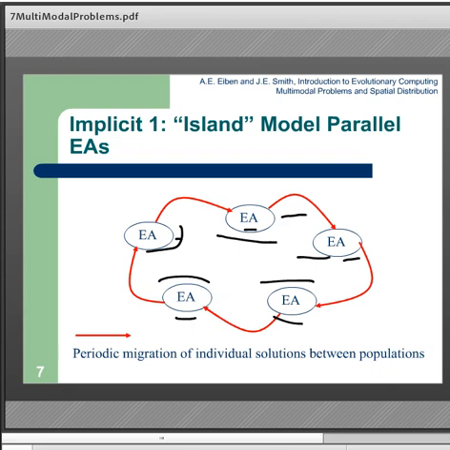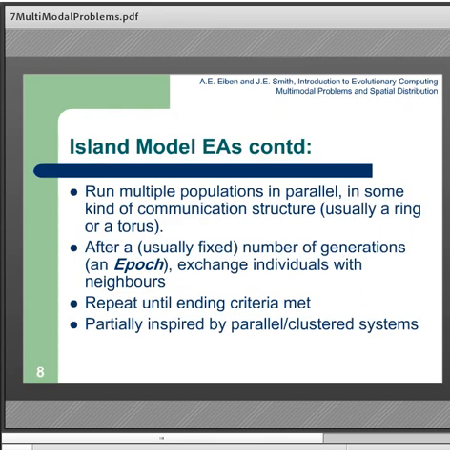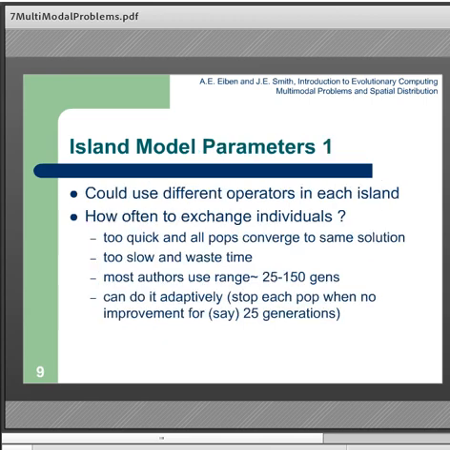In the island method, each time some elements of the population transfer from one island to another island. We explained this in the previous section. The island method is one of the methods that avoid decreasing diversity.